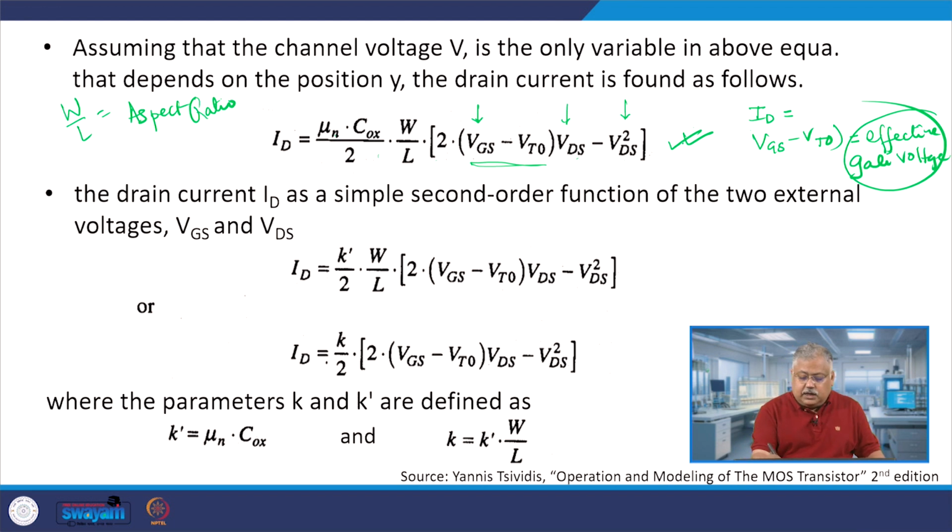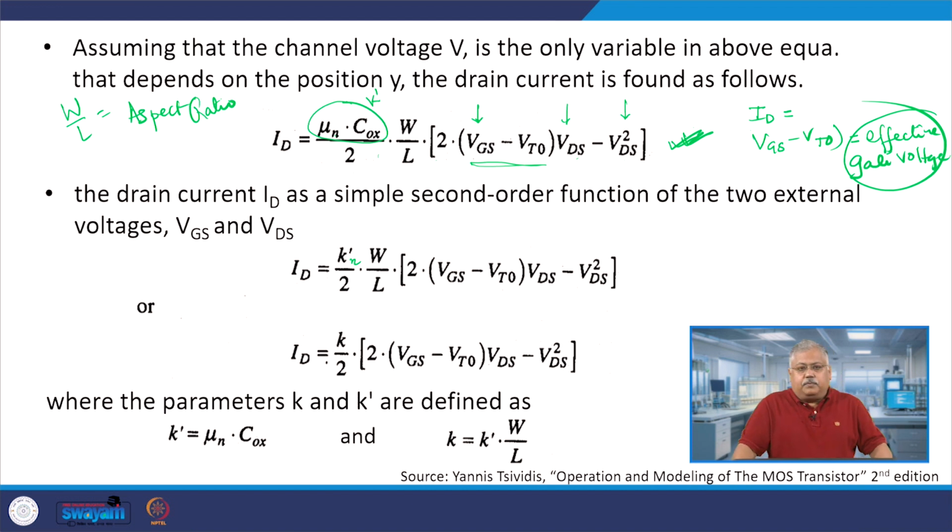With this into consideration, another way of writing the whole expression is that we define this to be K prime. If it is n type, we write this as Kn prime. So Kn prime by 2 into W by L into this quantity, right.